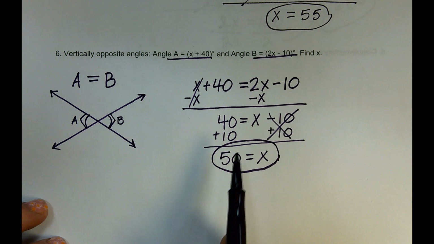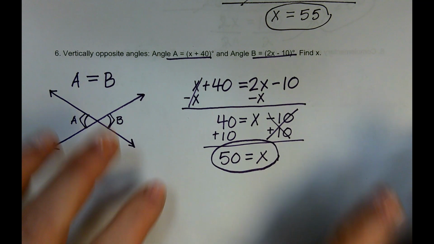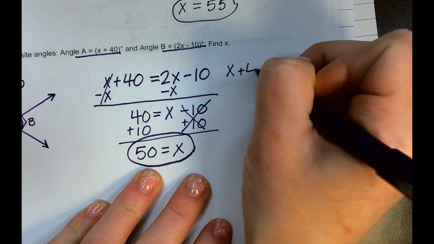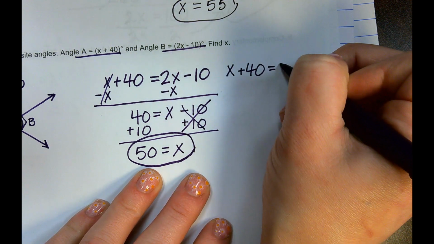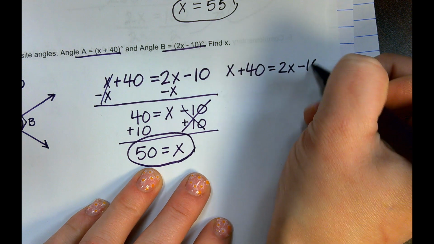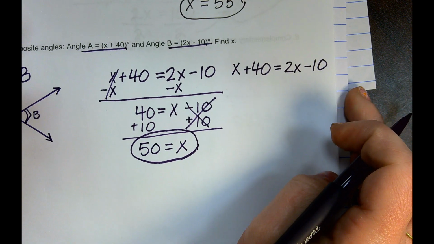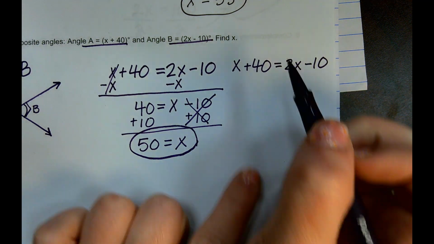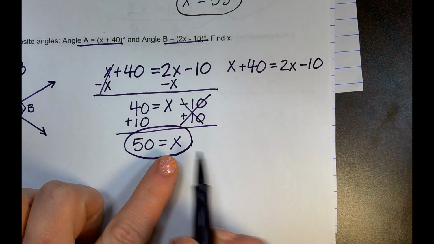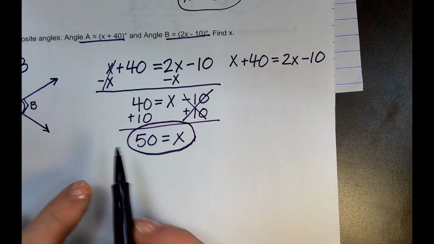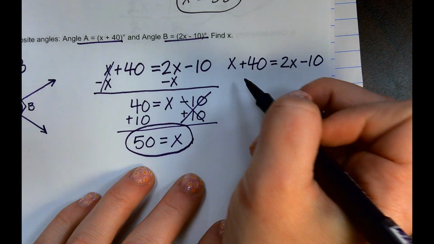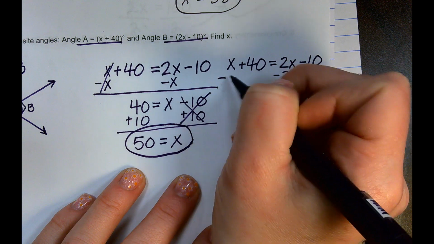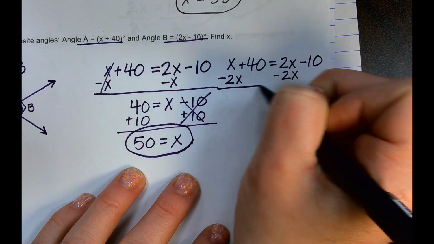If I was doing it the other way, what would that extra step be? Let's do it the other way. It's important to know that as well. So x plus 40 equals 2x minus 10. Did you end up getting the same answer? You got negative 50, so I'm trying to figure out what my extra step was. I bet you had negative x equals negative 50. Let me show your way: minus 2x, minus 2x.